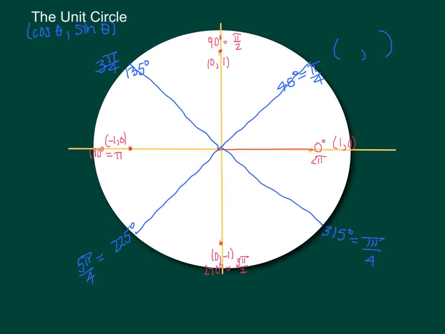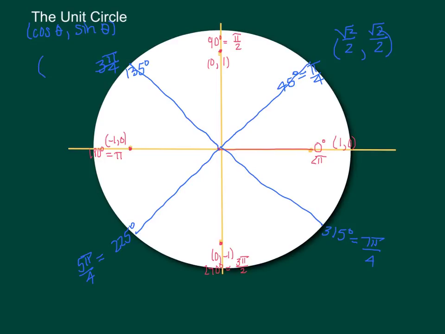So if you look at the 45, 45, 90 triangle, and you label it 1, 1, square root of 2, cosine is 1 over the square root of 2. And if you rationalize it, this will be the square root of 2 over 2. Same here for sine. And if you go around the circle, marking the 45s, the only thing that changes are your signs.